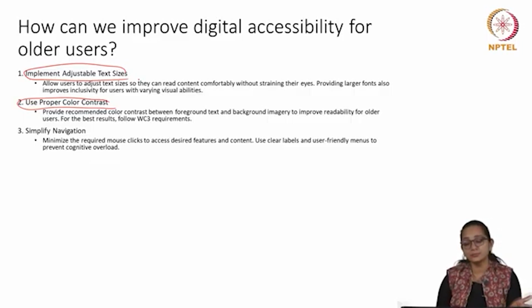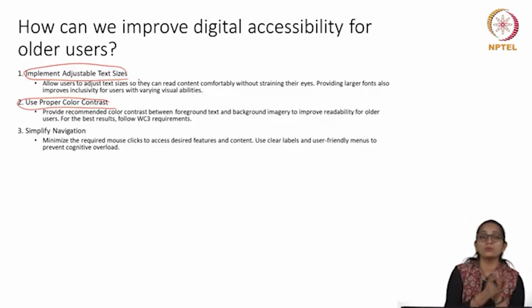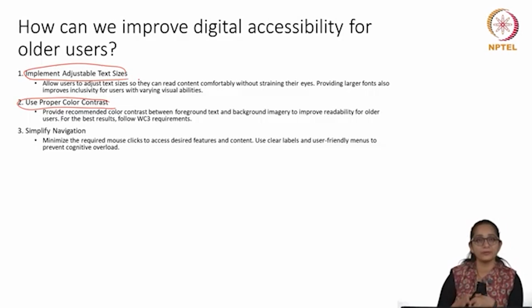Use clearer labels, use user-friendly menus to prevent cognitive overload. Try to keep items on one screen, be it your app or your web page. Try to keep items as minimal as possible. Make sure that the action items are highlighted.